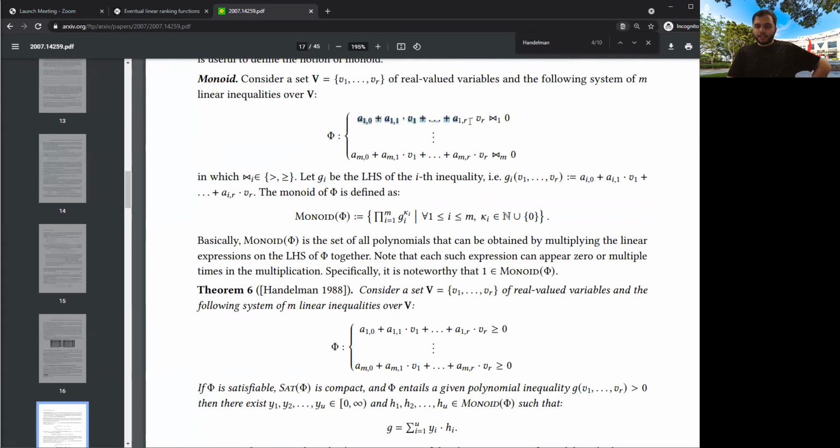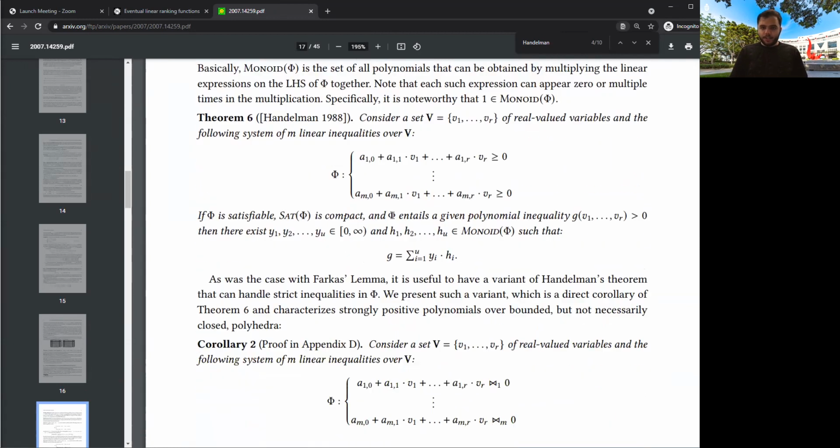So if I know that this thing is greater than or equal to 0, and if I know that this thing is also greater than or equal to 0, I can multiply them, and the result is also non-negative. It's greater than or equal to 0. Right? So this is the basic idea behind the monoid. So the monoid of a set of linear expressions is basically the set of all polynomials that can be obtained by multiplying these linear expressions together. Okay?